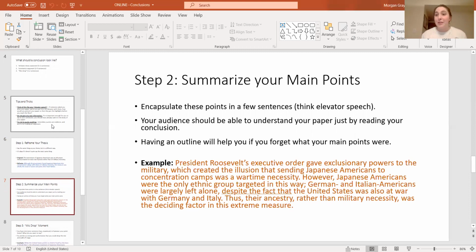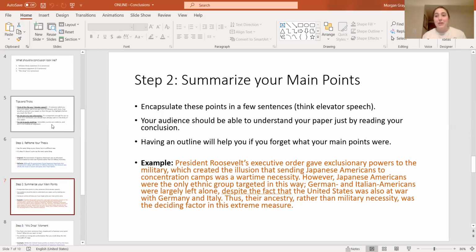As I said, elevator speech: put this into a few sentences that really encapsulate what you want someone to take out of this. Your audience should be able to understand your paper just by reading the conclusion. If you're reading a paper and it's well structured, you can go to the conclusion.